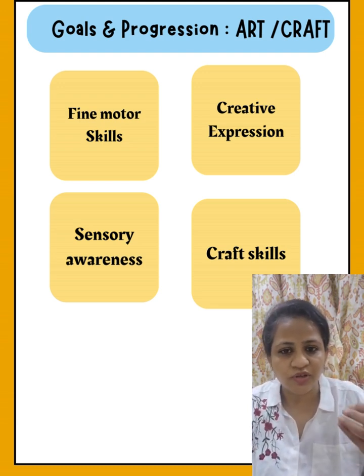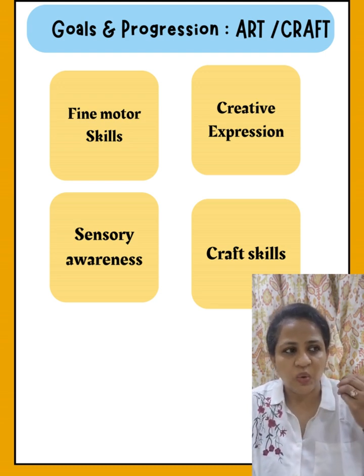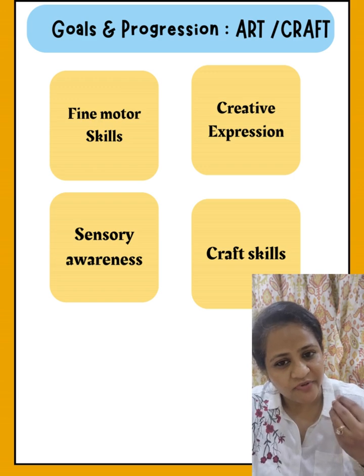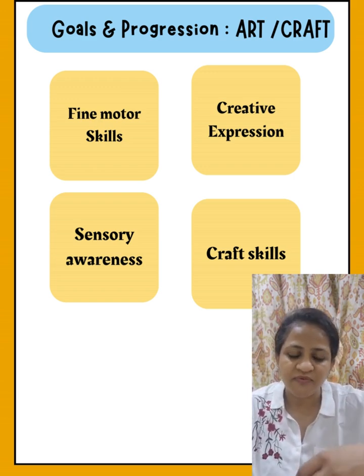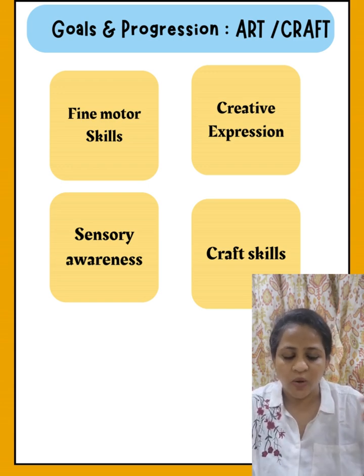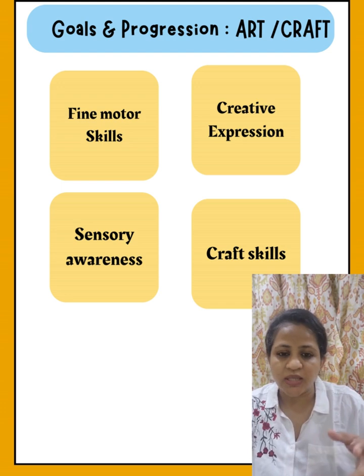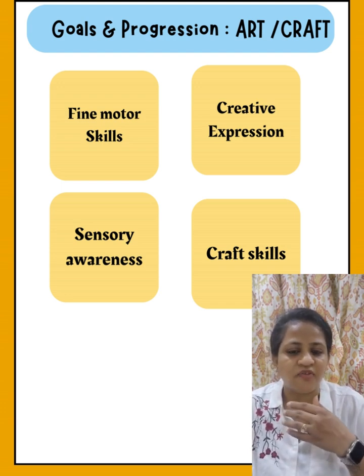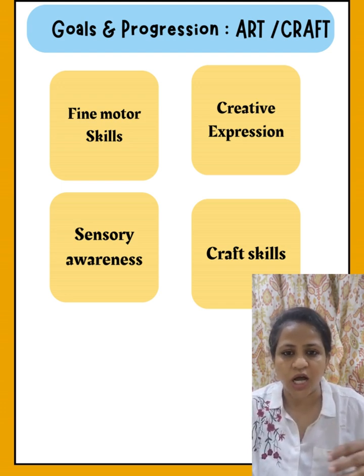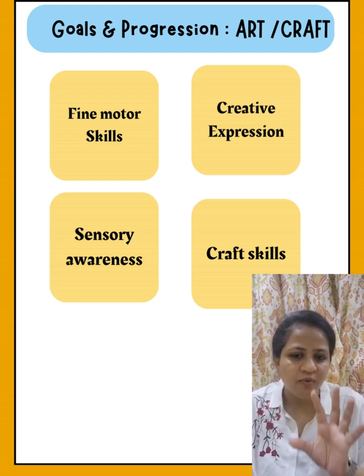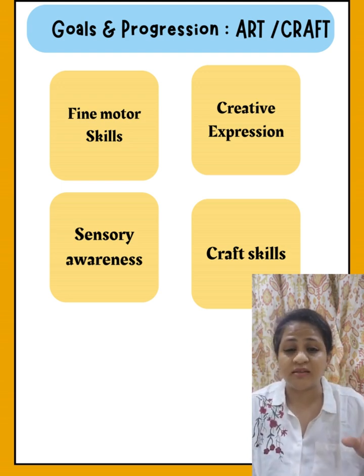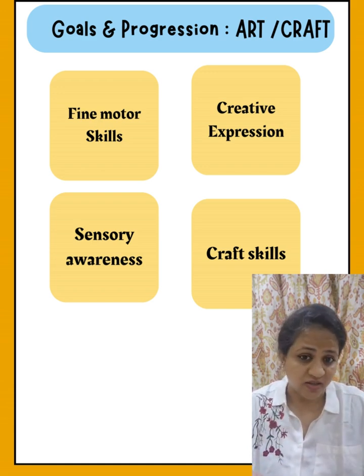These children know saying a few words or basic sentences. When you ask them, even if they are scribbling, what did you just draw, they'll come up with random answers, like, I've drawn a car, I've drawn anything, whichever is there in their vocabulary, or whatever they're thinking, they are expressing it through this.